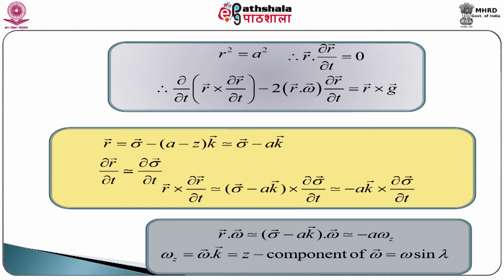Using this in the previous equation, we get del T of r vector cross del r vector del t minus 2 into r vector dot omega vector into del r vector del t equal to r vector cross g vector. Here dot indicates that we are considering the scalar product, whereas cross indicates that we are considering the vector product of two vector quantities.